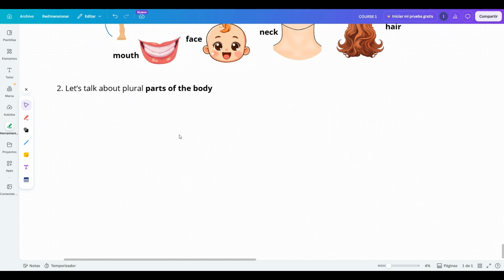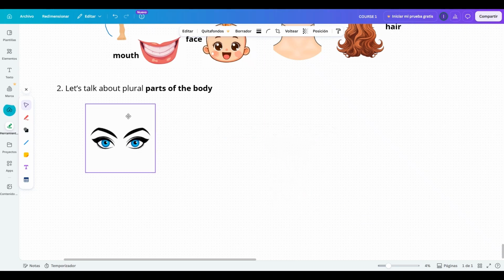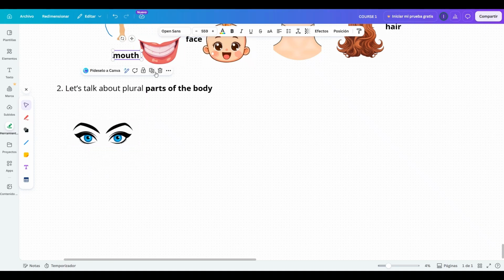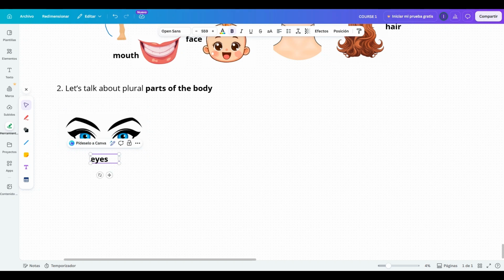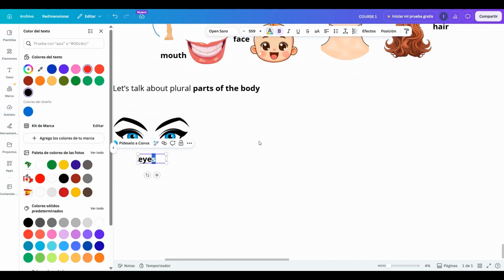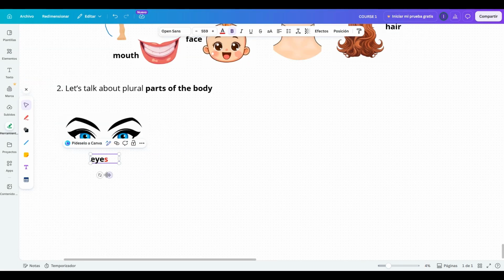Two eyes. So let's write that. Here you can see an eye, two eyes. Correct? Eyes. Yes, the correct pronunciation. Two eyes. Okay, one, two.